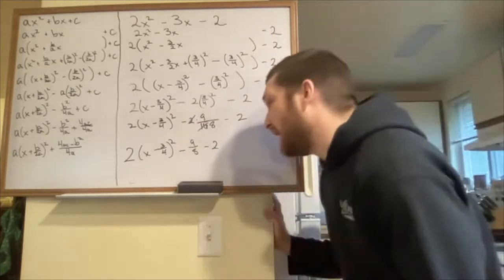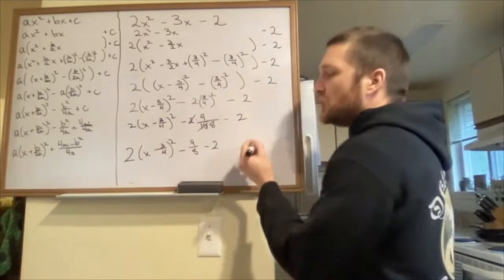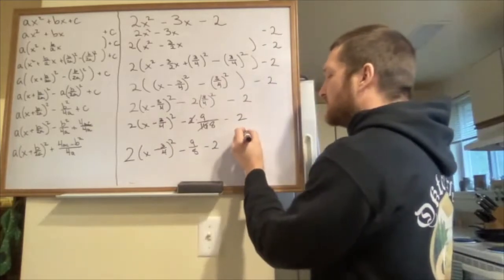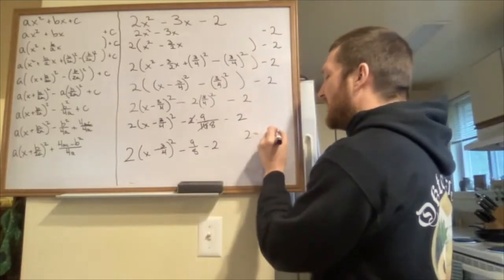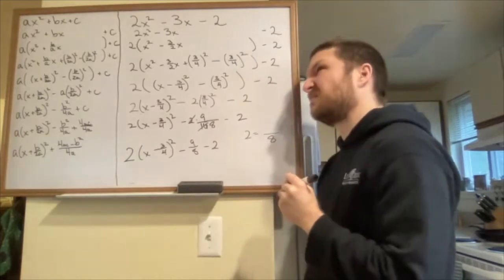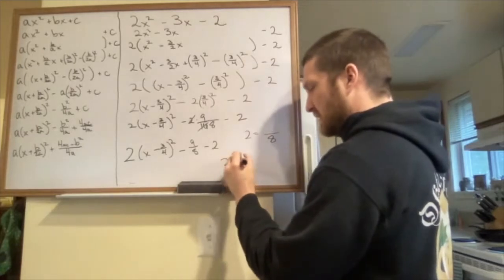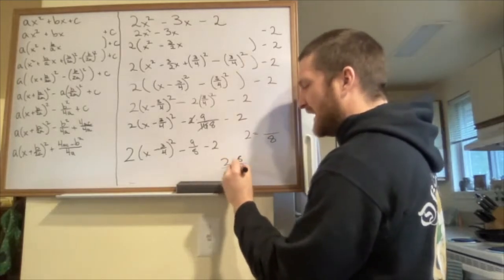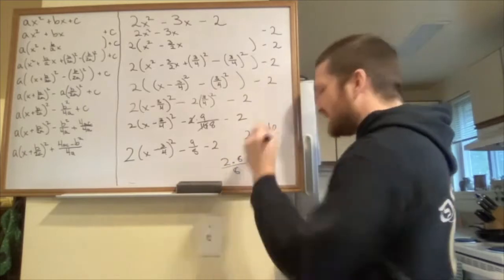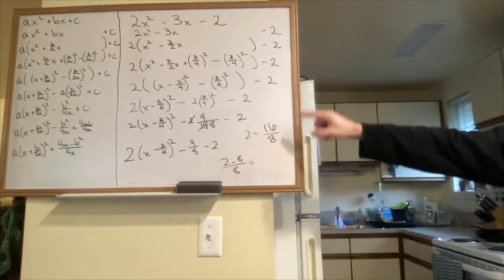Technically, we're done. But let's rewrite 2 as something 8s. 2 is equal to how many 8s? Wow, hold on. 16. Yeah, because 2 times 8/8 is 16/8. And so, yeah, there we go.